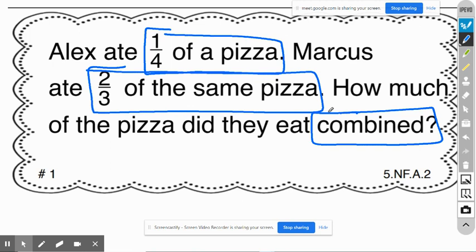Dave. It says combined, right? Now we have to be careful sometimes, but here we have pizza and pizza. Both are the same. So you're just combining those two numbers, which is 1/4 plus 2/3. My question to you, Dave, can you add the way it is right now? What do you have to do first?